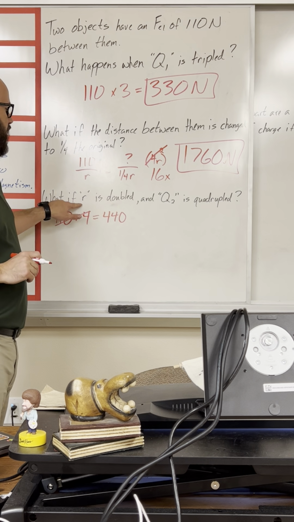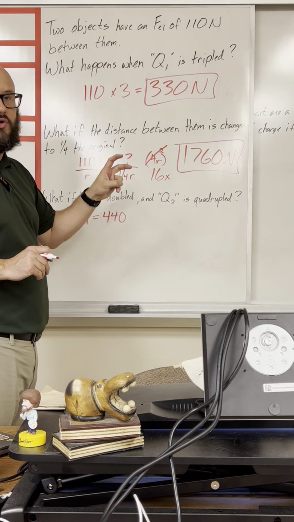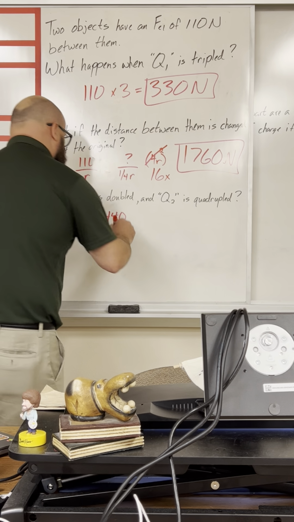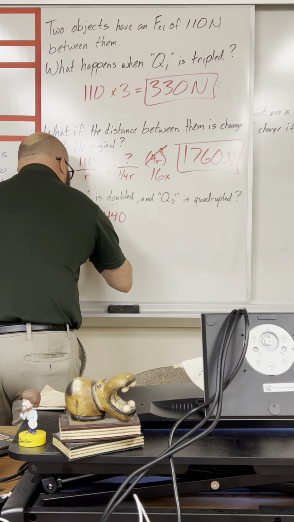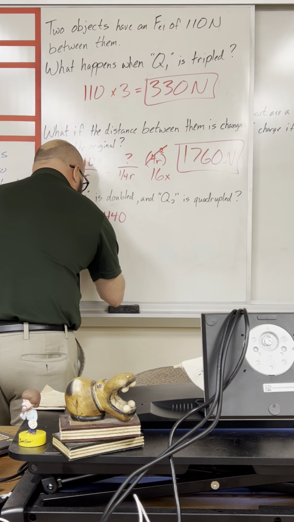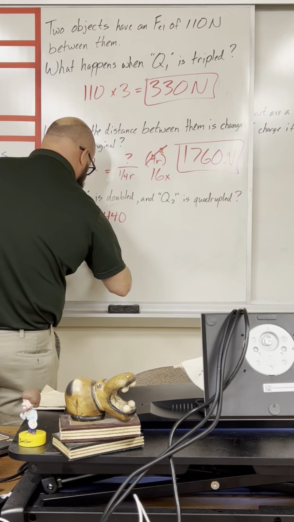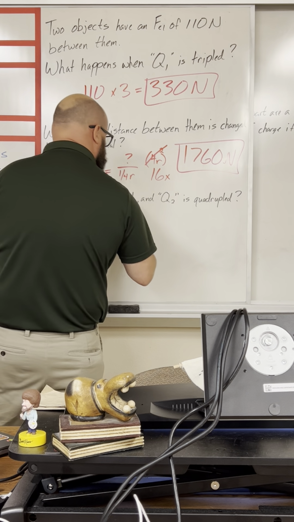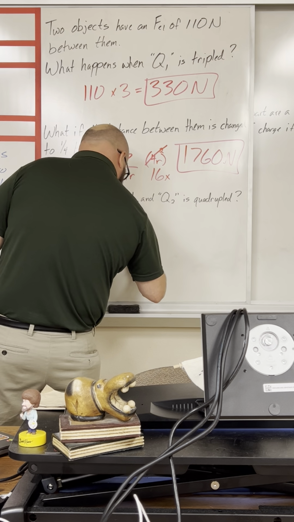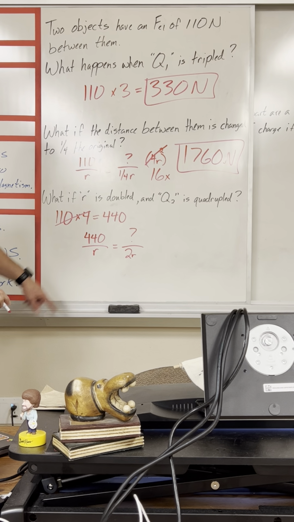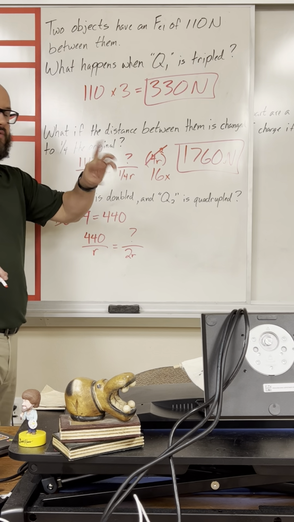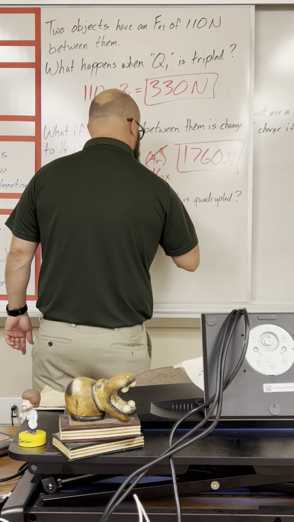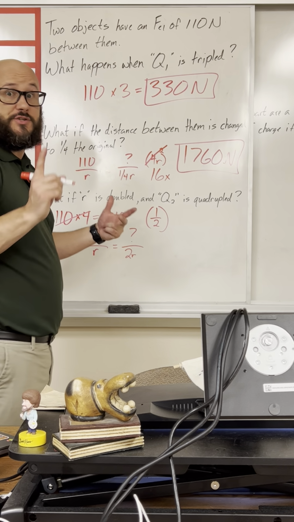But it also says R is doubled, meaning now you're 2 times further away than you were originally. So look at it again this way. 440 at R is going to be how much at 2R? Okay, we flip this to the numerator, but instead of 2, it now becomes 1/2. 1/2 squared.